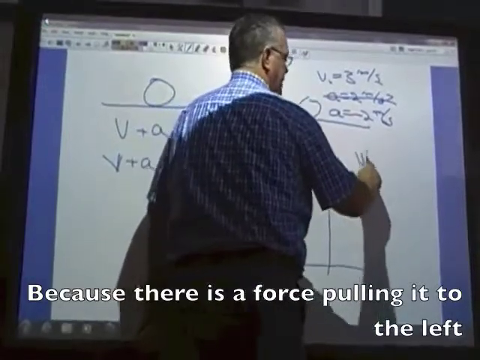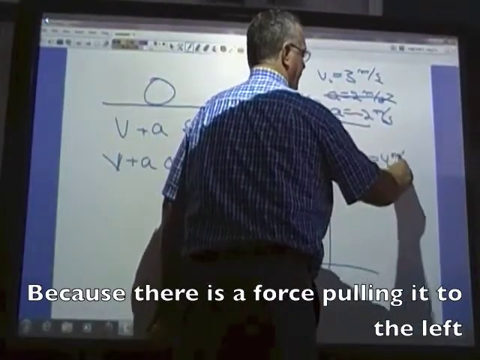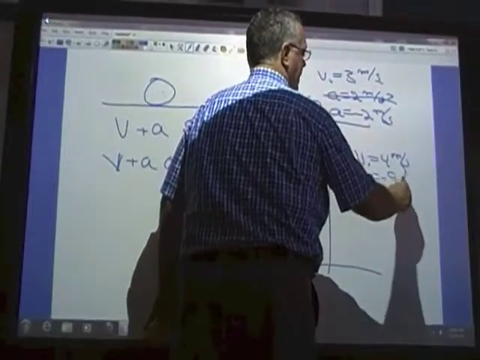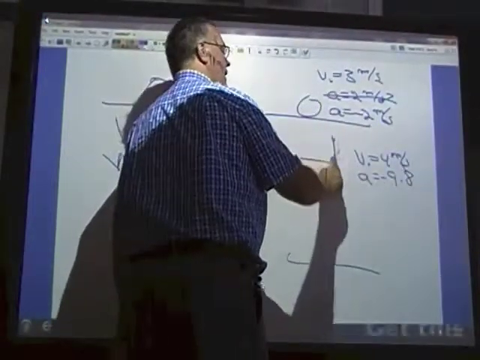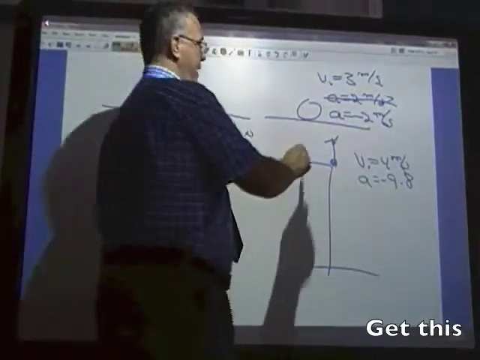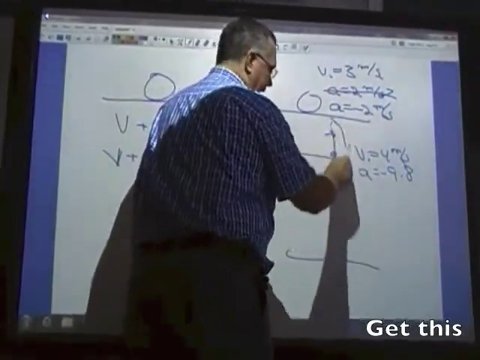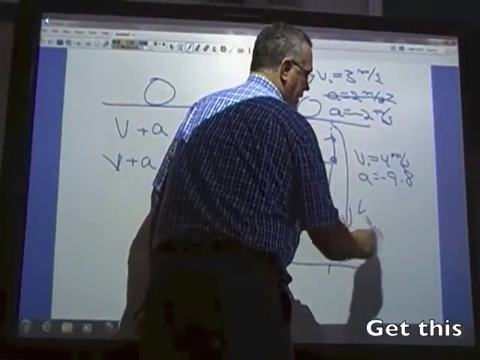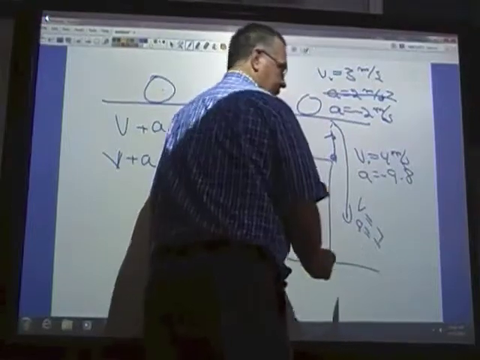If my initial velocity is 4 meters per second, it's going up. The acceleration is -9.8. So as soon as it leaves my hand at 4 meters per second, what's it doing? It's slowing down. Eventually it's going to stop, and down, coming over this way, the velocity is negative and the acceleration is negative.